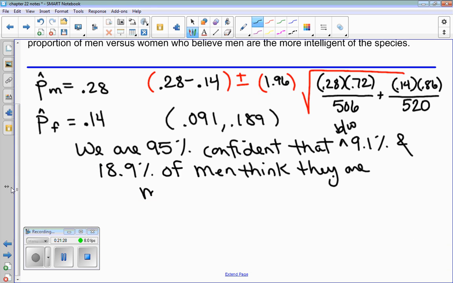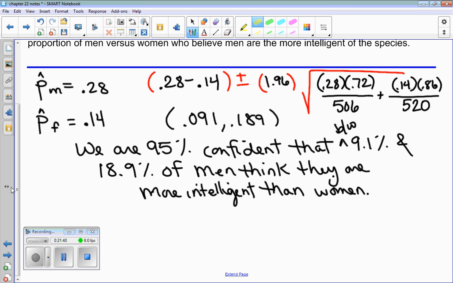Are more intelligent than women. Right. So between 9.1 and 18.9% of men, as compared to women, right? So about, let's just pick a number in the middle, 10% more men think they're more intelligent than women.